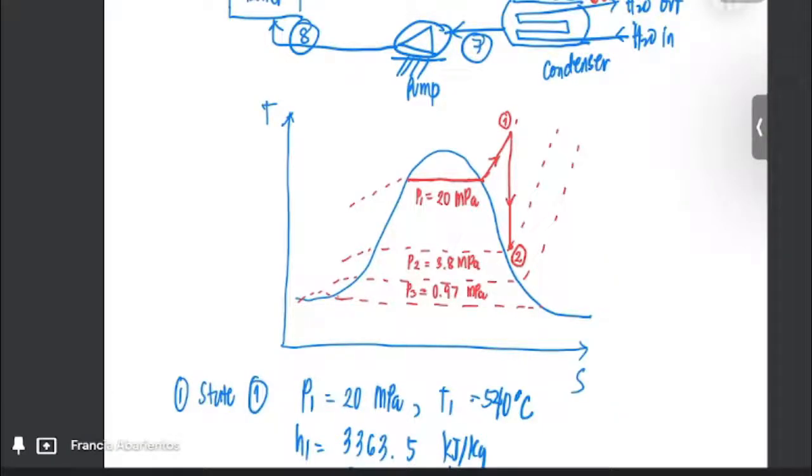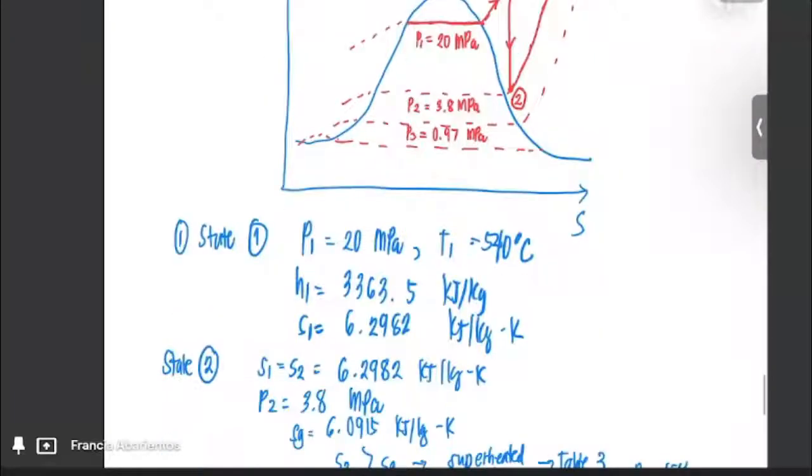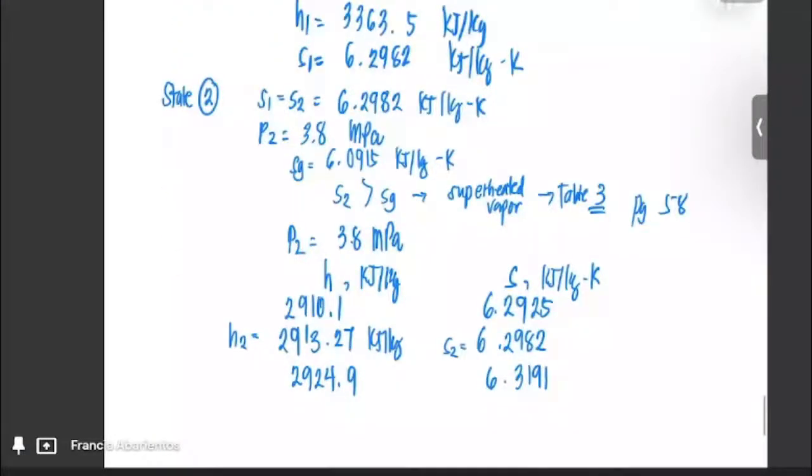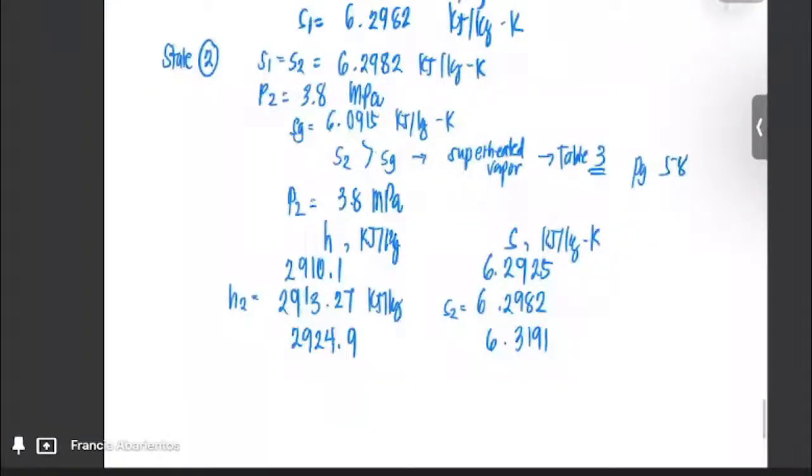Yung reheater natin, ayan, equal daw sa 540. From 0.2 to 0.3, ayan. Ano yung gagawin natin? So, from state 2, we have now state 3.